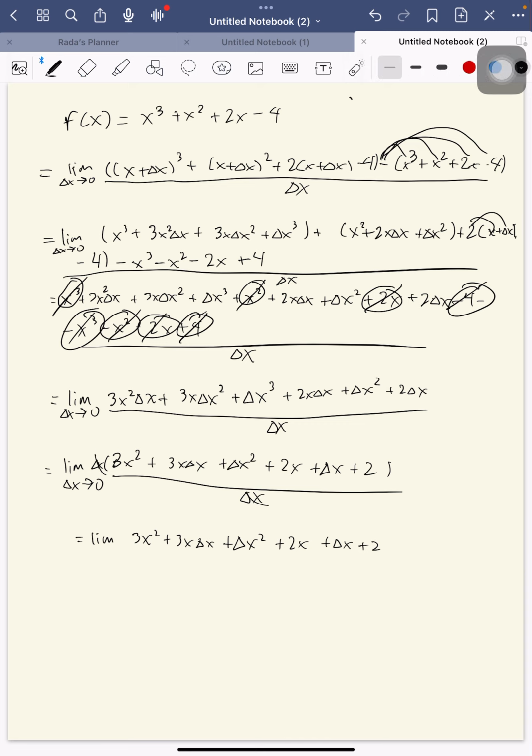So to get rid of the limit, we need to substitute delta x with 0, so it will become 3x squared plus 3x times 0 is 0. 0 squared is just 0. 2x delta x is just 0, plus 2. So the derivative of x is equal to 3x squared plus 2x plus 2.